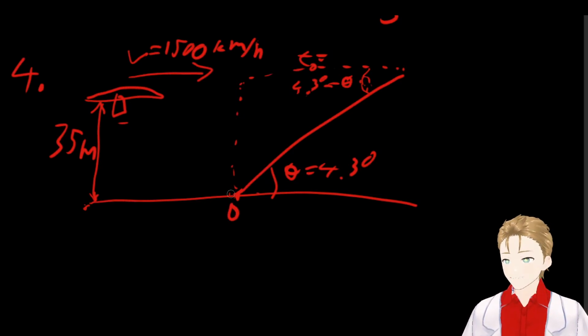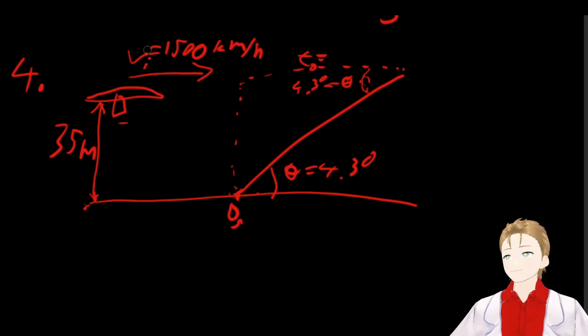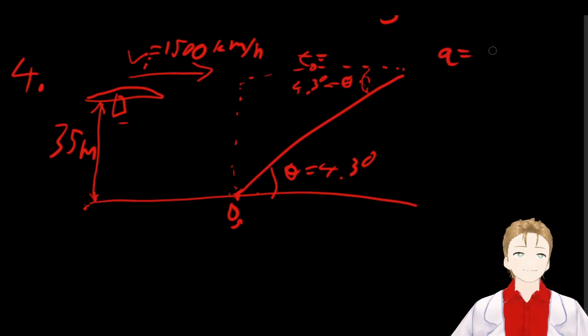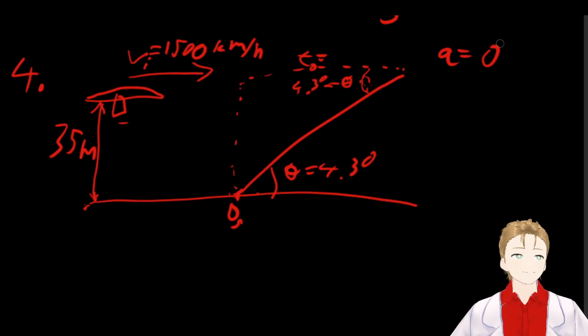So this is 0s, and smashing time is at some time. By the way, this is I. I guess that's also the final. So we can presume that acceleration is 0, if you're assuming constant.